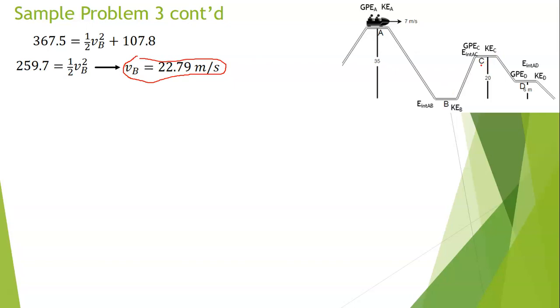Okay, now we have to find the speed at point C. So again, I am going to set this as my initial scenario, and this time, this is my final scenario. So we have GPEA plus KEA equals GPEC plus KEC plus E int, and then it's the internal energy all the way from A to C, again because I'm counting this A point as my initial scenario.